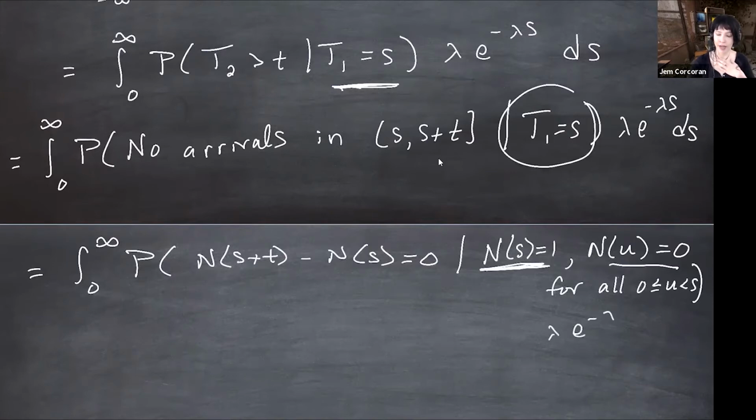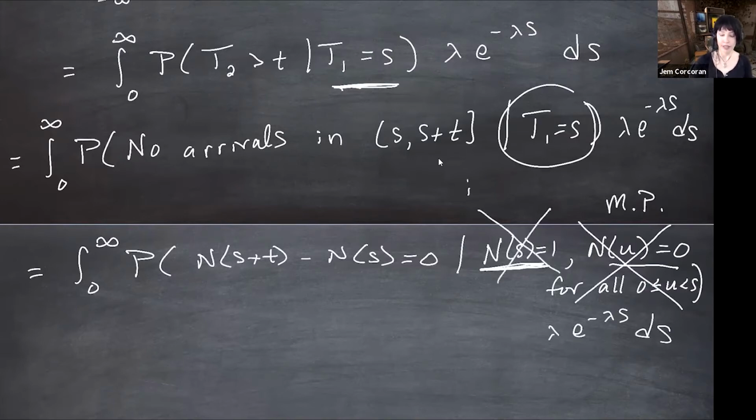And now I have the PDF sitting here. And now I can use the Markov property to drop this stuff. But I can also then use the independent increments property to drop this stuff.